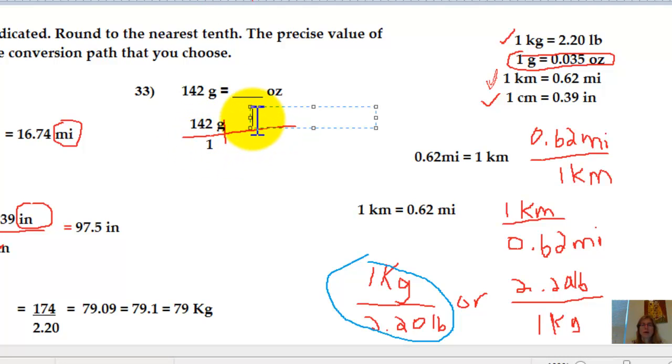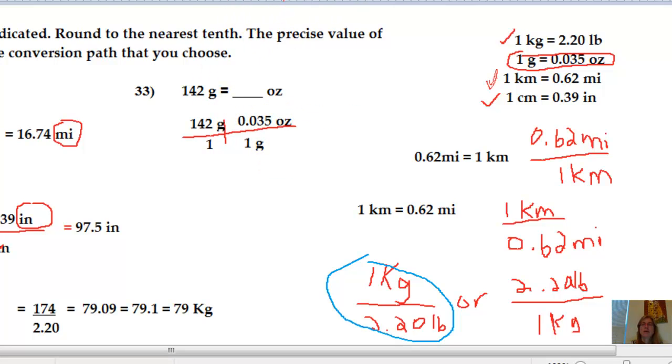And we're going to multiply it by our conversion factor. 1 gram needs to go on the bottom because those have to cancel, which puts the 0.035 ounce on the top. 0.035 ounce. So that then cancels our grams. G in the numerator, G in the denominator cancels that.